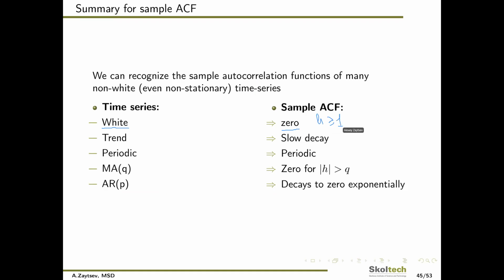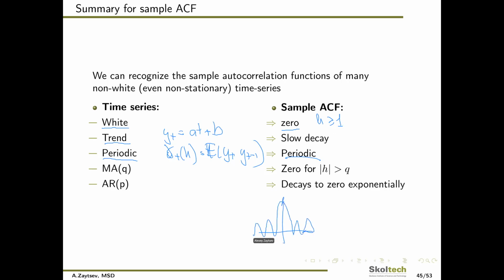For trend, we have slow decay. You can imagine that y_t equals a t plus b, and we definitely have some correlation of neighborhood values here. If you have periodic structure in the time series, then for the sample autocorrelation function we have another type of non-stationarity. We have these peaks for the periodicity, for example one week, 7 days, here.